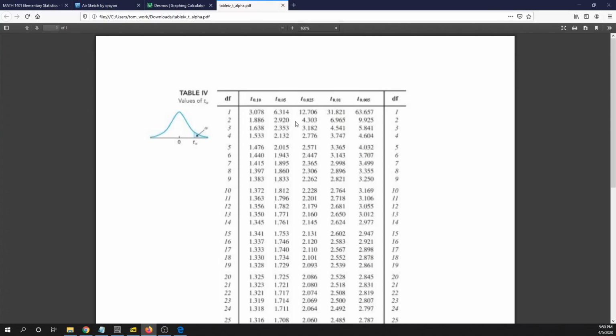In table 4, we go to 0.05 up here and then scroll down until we get to 19 degrees of freedom. And it looks like it's that one right there, which is 1.729. All right, we need to write that down.